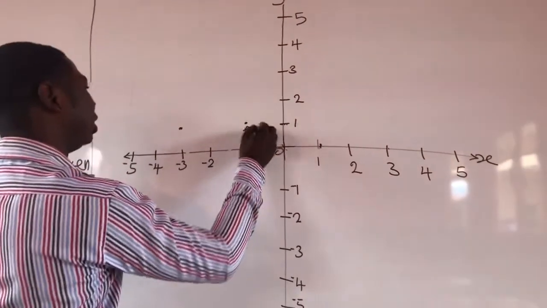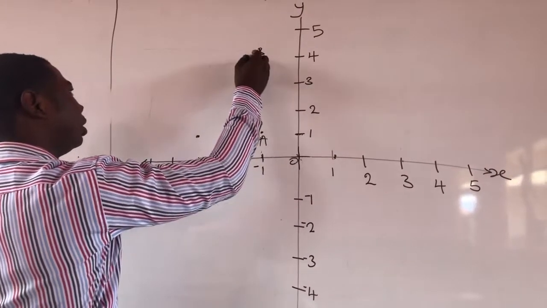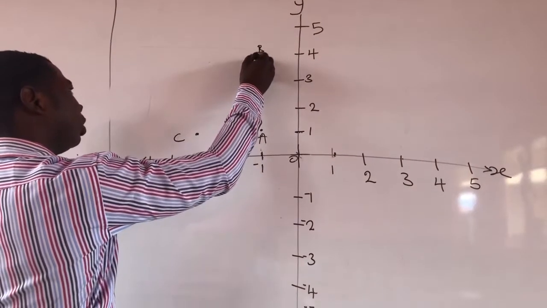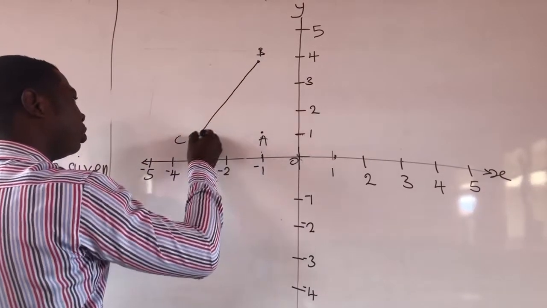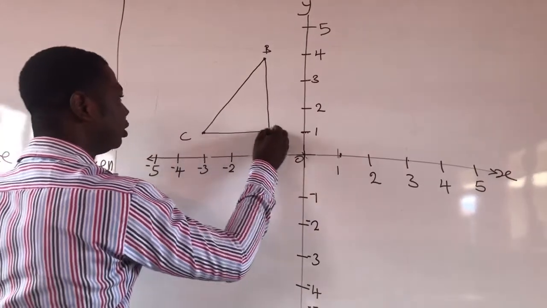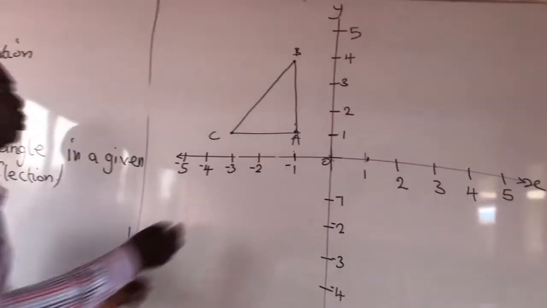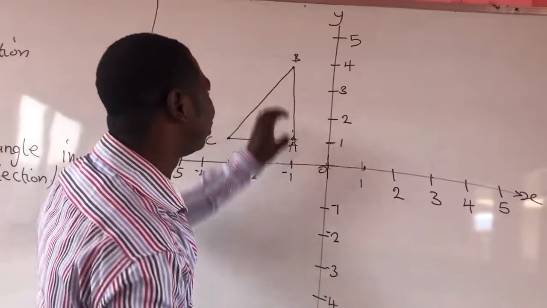Let's make this A, then here B, and here C. Now let's join the points. When you join the points, you have formed a triangle.